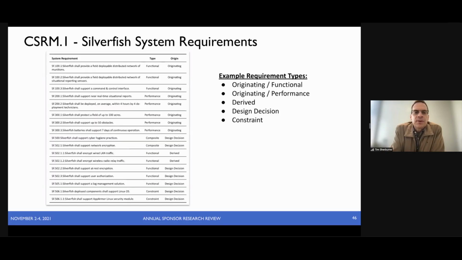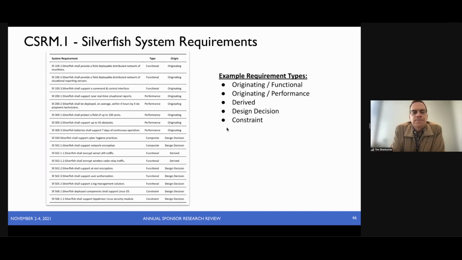From the use cases, this is a snippet of some of the high-level requirements that were derived for the system. High-level functional requirements, and some of the performance requirements in terms of timing and sizing of the system: how many obstacles, and, since it's a battery powered system, how many days of continuous operation are expected.